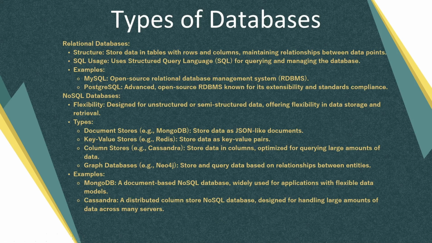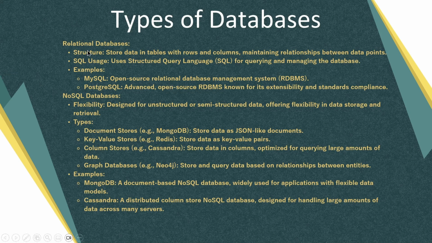So coming to the types of databases here, they can be broadly classified into two types. One is relational database and the other one is non-relational or NoSQL databases. So what are relational databases? Relational databases are databases which store data in tables with rows and columns. Relation means a table, right? Relation is equal to table.